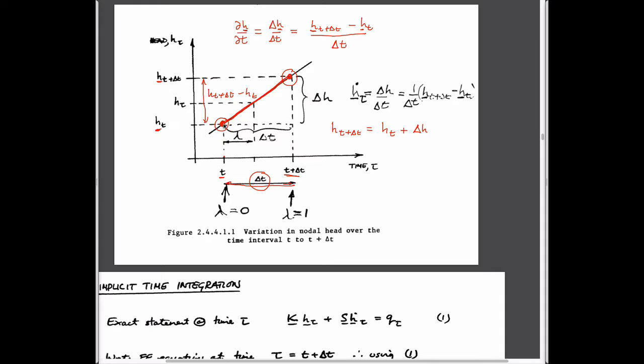So in other words, we start out at this, and if this value here is just equal to delta h, this term here, then we can just do what we did before. We could also multiply this by 1.